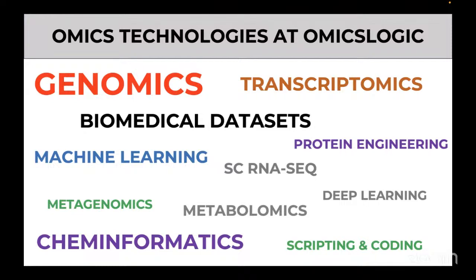So the experiments are pretty exciting also, because this is big data we are talking about. So such as genomics, here you can see on the screen, transcriptomics, metagenomics, single cell RNA-seq, and any other omics data set that are available out there. So what we do is use these technologies to find out a lot of insights.